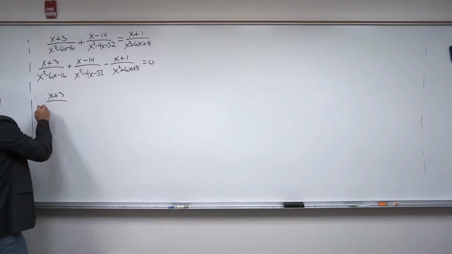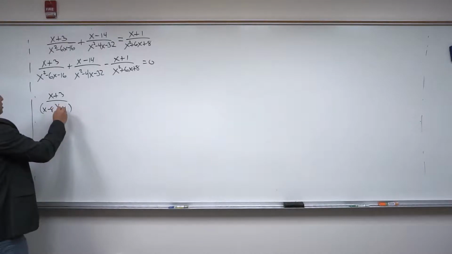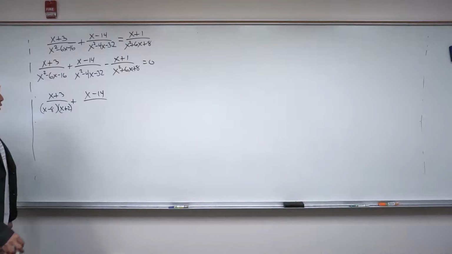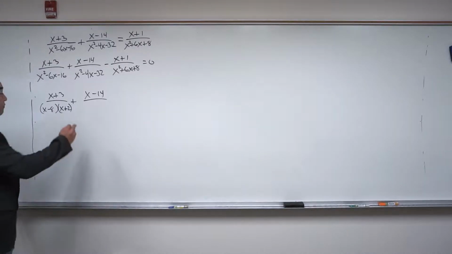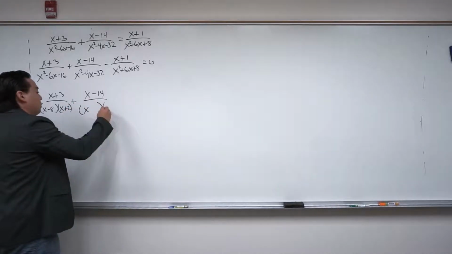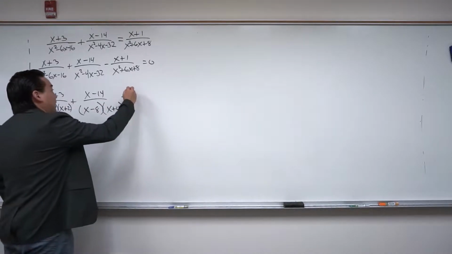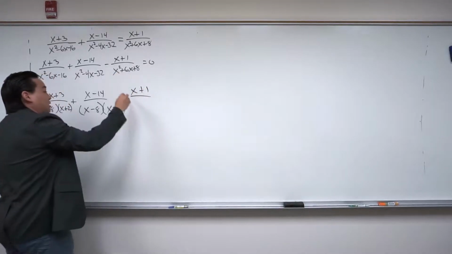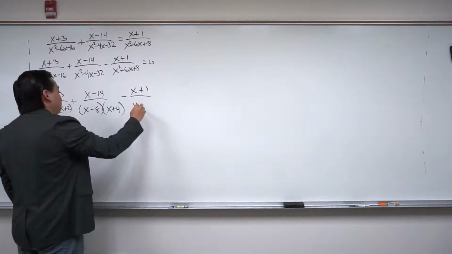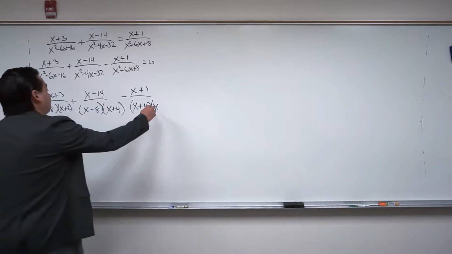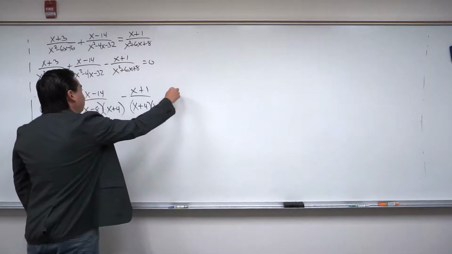The denominator of that one can be written as x minus 8, x plus 2, x minus 14 on the top for the second one, and the factors for the bottom one is 8 and 4. And then lastly, this one is going to be x plus 4, x minus 2, plus 2, x plus 2.